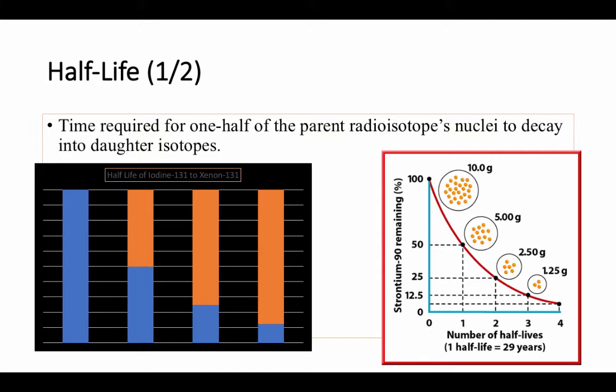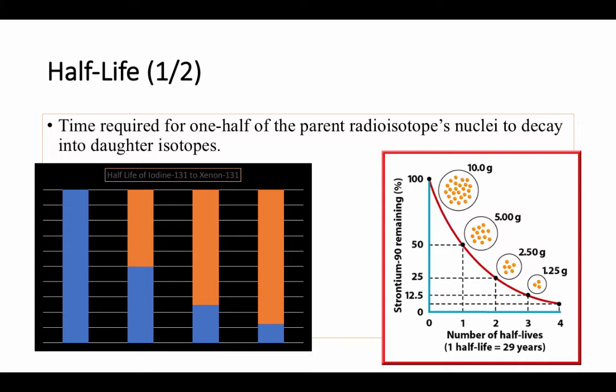After one half-life, you now have half iodine-131 and half xenon-131. In the third bar, you now have a 25-75. And in the fourth bar, you have a 12.5% iodine-131 to 87.5% xenon-131. So it reduces by half each time.